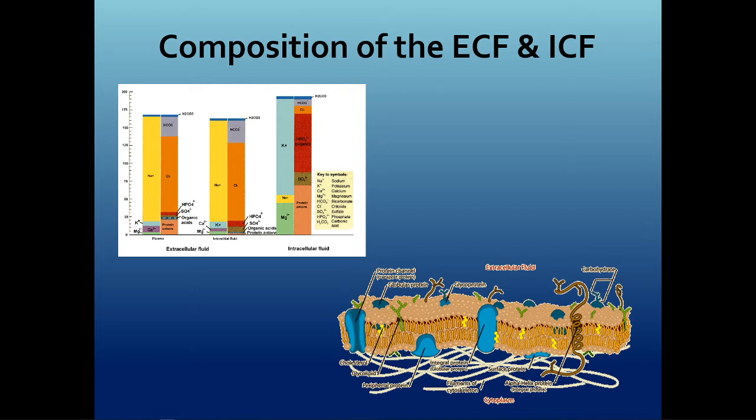So now when we look at this composition of ECF and ICF, ECF stands for extracellular fluid, and ICF stands for intracellular fluid. So when we're looking at those fluids, a gradient has to exist inside and outside of the cell.